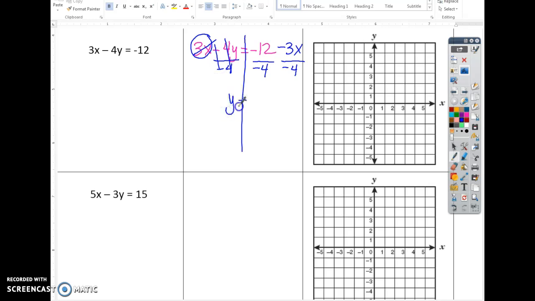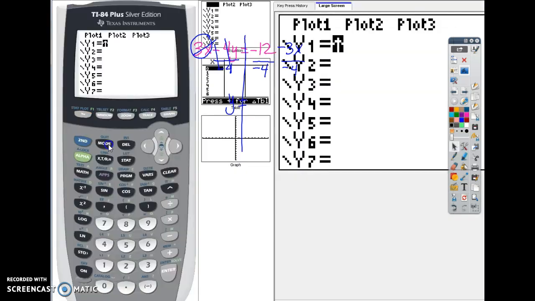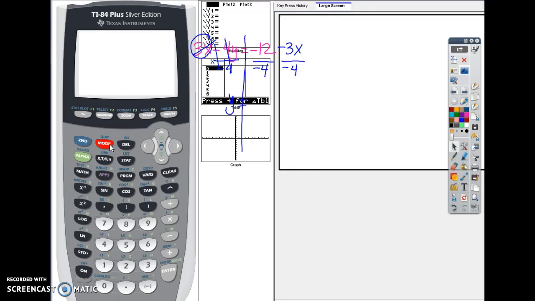That leaves me with y equals. And then you put this in the calculator, see what it gives you. Make sure that it gives you fractions if it's a decimal. So on the calculator, I would put negative 12 divided by negative 4, enter. That gives me a positive 3.